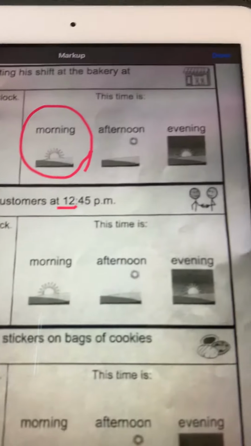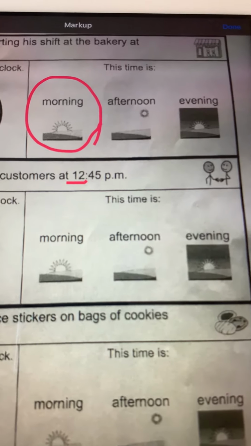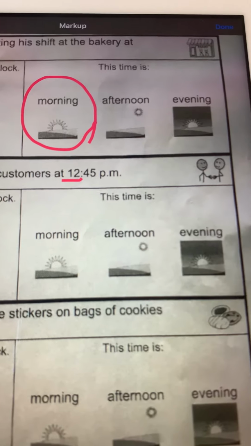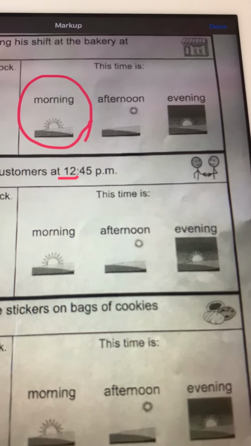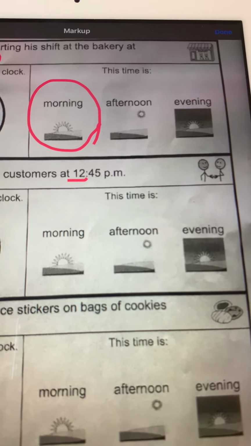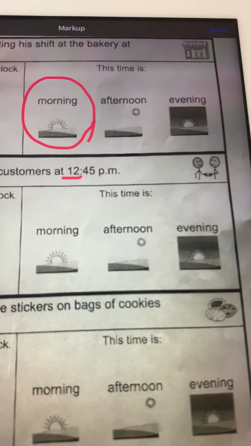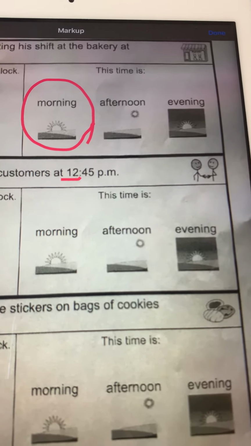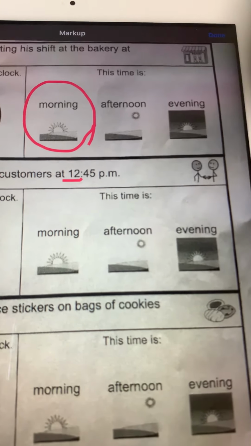And now we have to move over to what time of day it is, whether it's morning, afternoon, or evening. Well, anything between 12 o'clock and 5 o'clock is afternoon. Anything after 5 is in the evening.